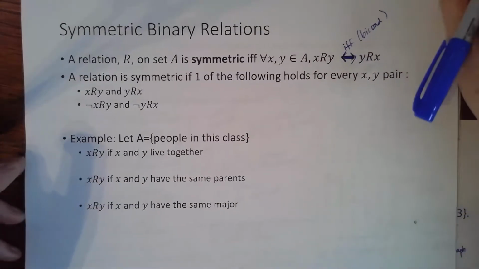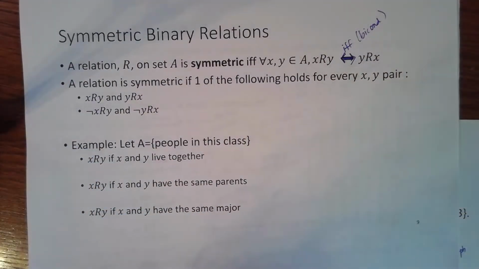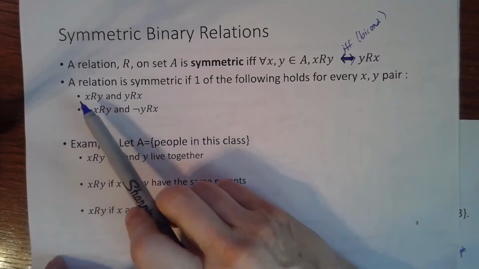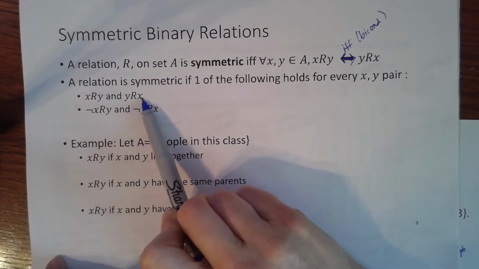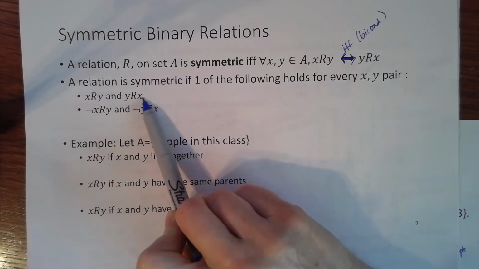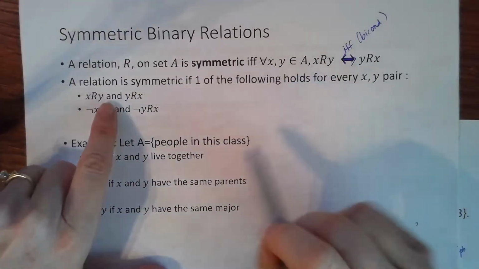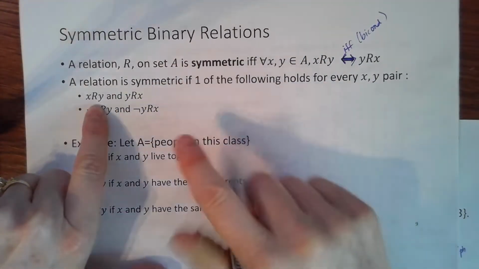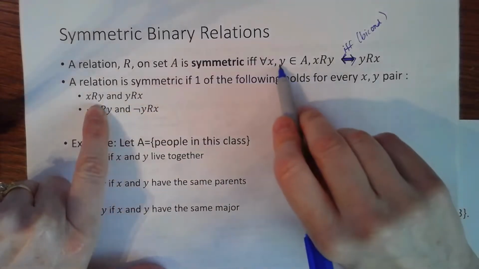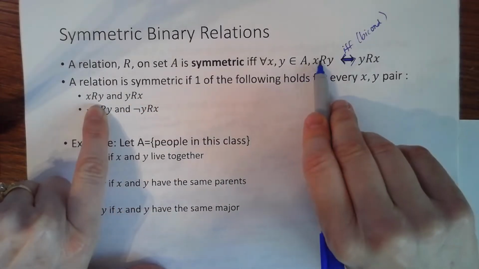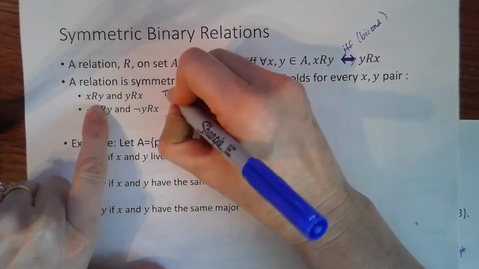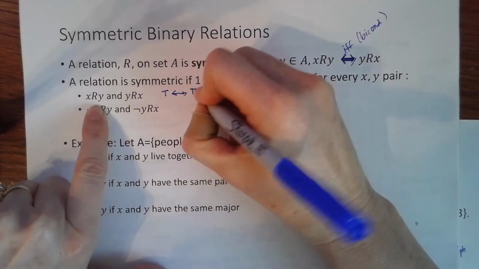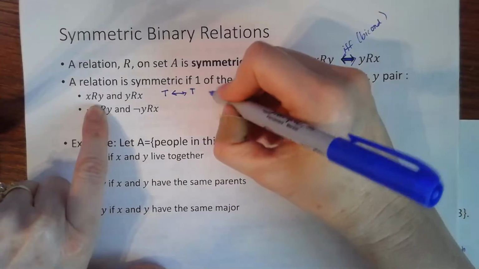So, thinking about what we know about if and only if, what would have to be true for a relation to be symmetric? This one's a little bit tricky because you might think that we always have to have x related to y and y related to x. That's one option. So here x is related to y if and only if y is related to x, so this would be true and this would be true. True, biconditional with true, so this one is true.